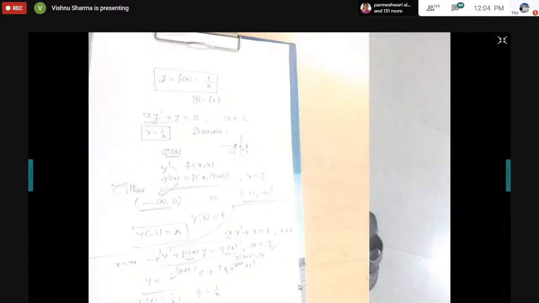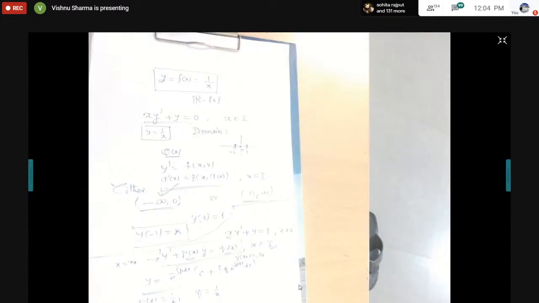Do you want to say that it will exhibit a discontinuity? May or may not. What ensures that it may or may not? The solution may be continuous at x naught, and maybe discontinuous also, right? It can be continuous, it can be discontinuous, correct?